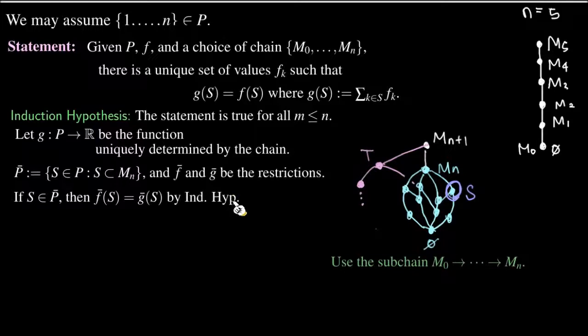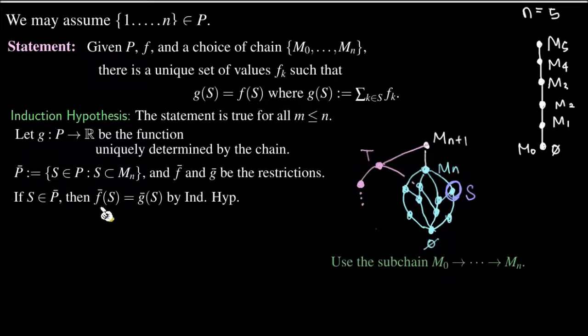The next part is using the induction hypothesis. Our goal is showing that Fs is equal to Gs. So I'm choosing that set S inside this Mn underneath this tree. Then we can use the induction hypothesis.